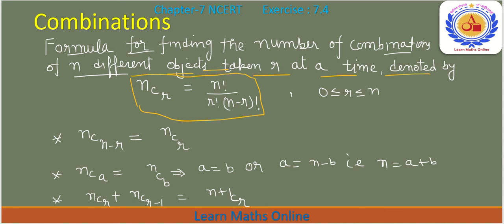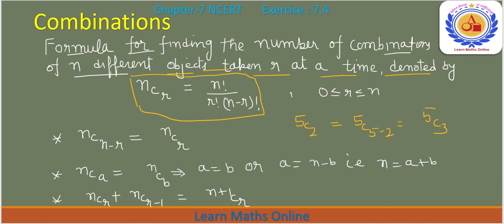nC(n minus r) is always equal to nCr, like 5C2 will be equal to 5C(5 minus 2), means 5C3. So we can apply these results in the questions.